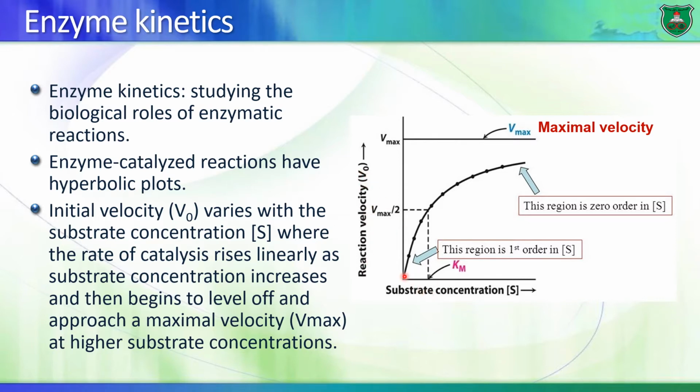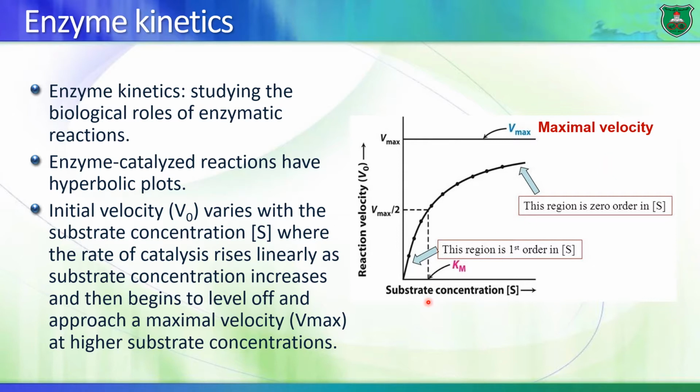Now notice how it looks. Basically it runs fast at low substrate concentrations, and then it plateaus. At high substrate concentrations, the rate of the reaction is less affected, and it becomes flat at very, very high concentrations of substrate.